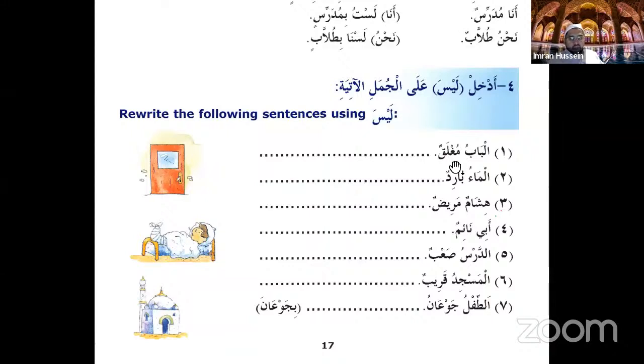Can you do 1, 2, and 3, doctor? Put laysa first, then al-bab, then mughlaq, and change the harakat as we did over here: the ism of laysa is marfu, and the khabar of laysa is mansub. Go ahead, doctor.